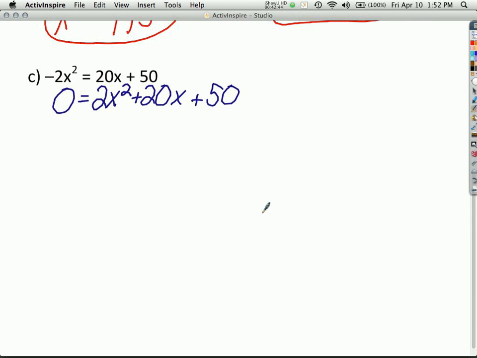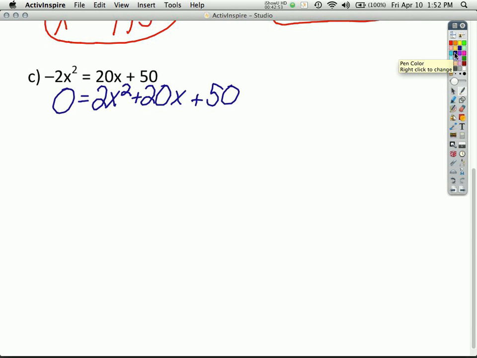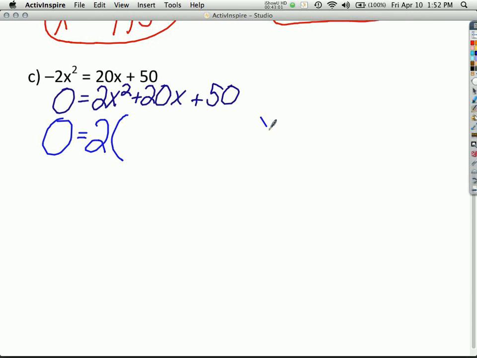What do you got, Gary? That's right. Very important to see. It's got a greatest common factor of 2. So we rewrite this as 0 equals 2 times whatever's left over: x squared plus 10x plus 25.